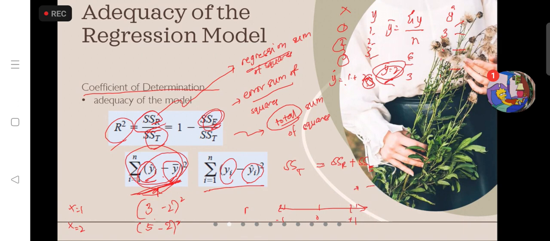Pero if negative 1, strong negative. In our coefficient of determination, correlation of coefficient cannot yield negative values ha. So 0 to 1 ra gyud siya.